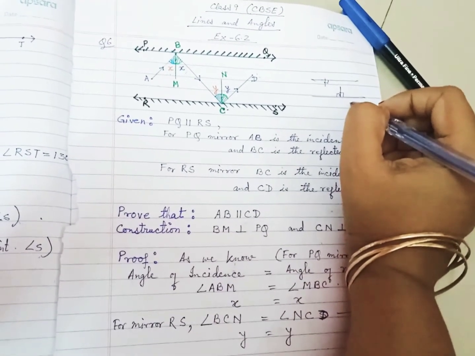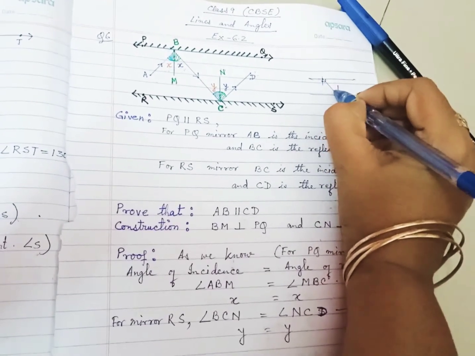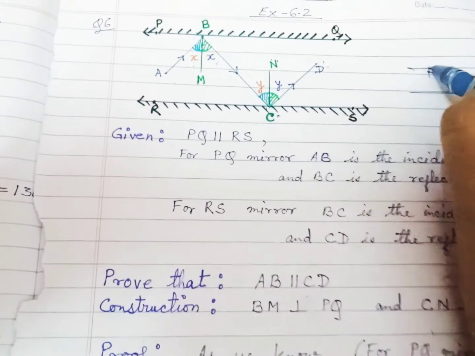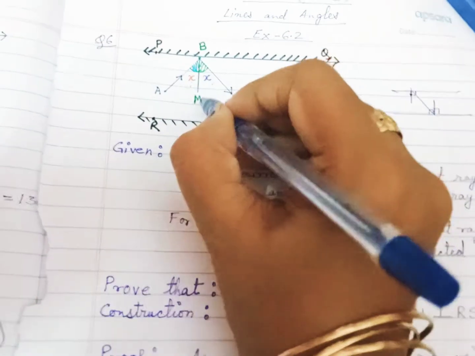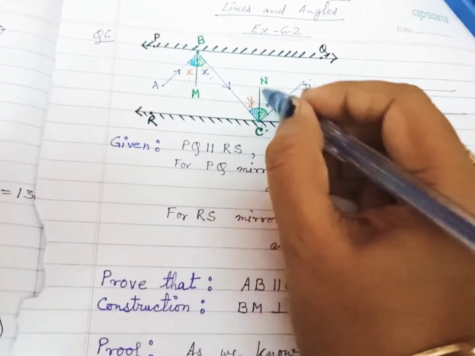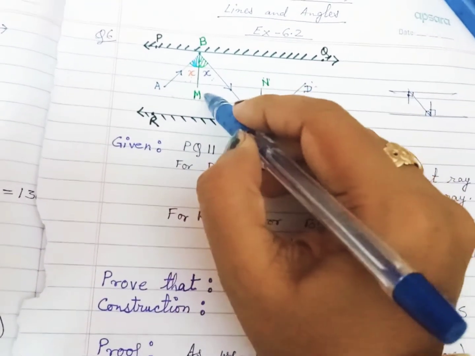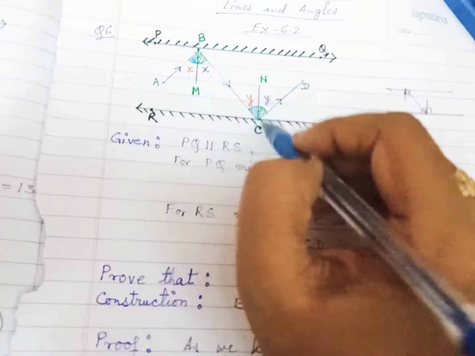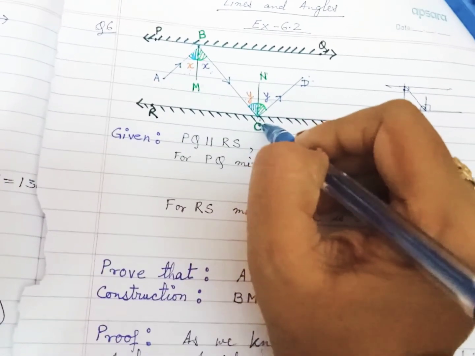So BC will act as the transversal for BM and CN.